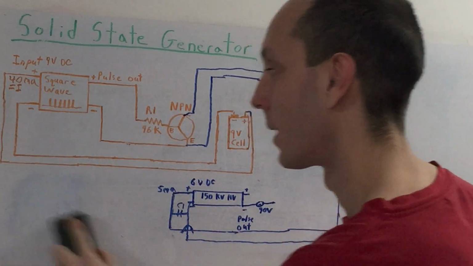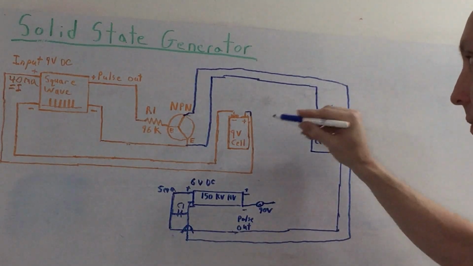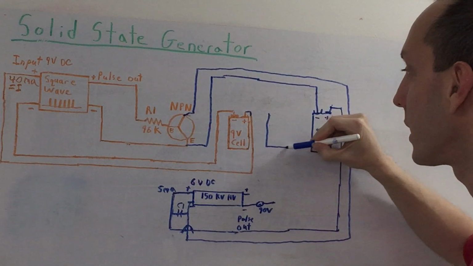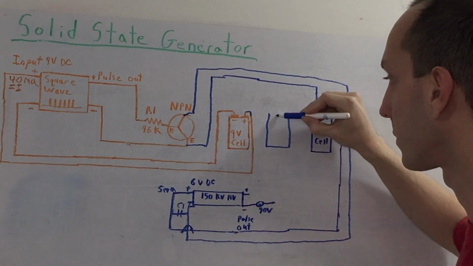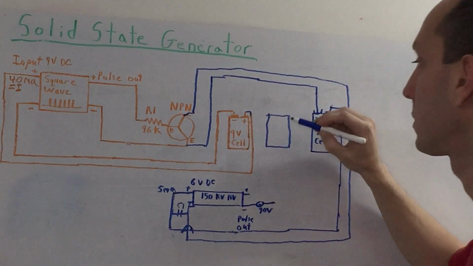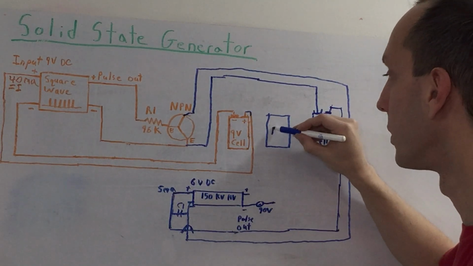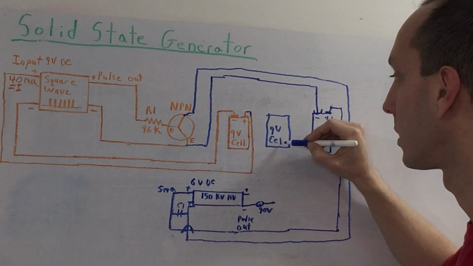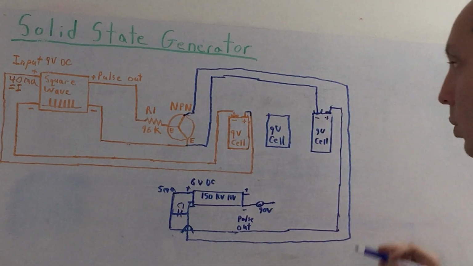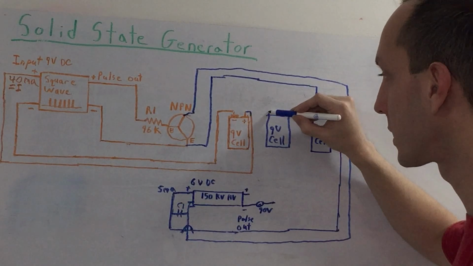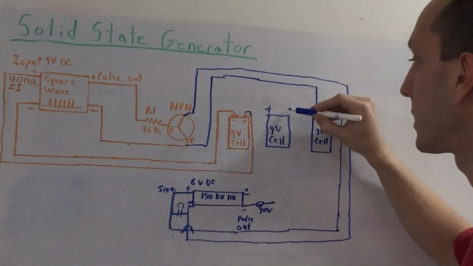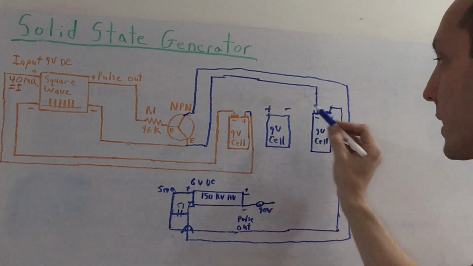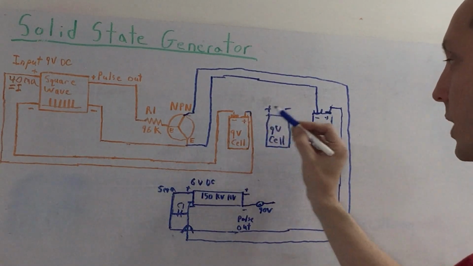So, back to our system over here. Let's add a third battery right here. This is a 9 volt cell right here. But what we're going to do is we're going to go plus here, minus here, and we're going to connect it to this system right here.